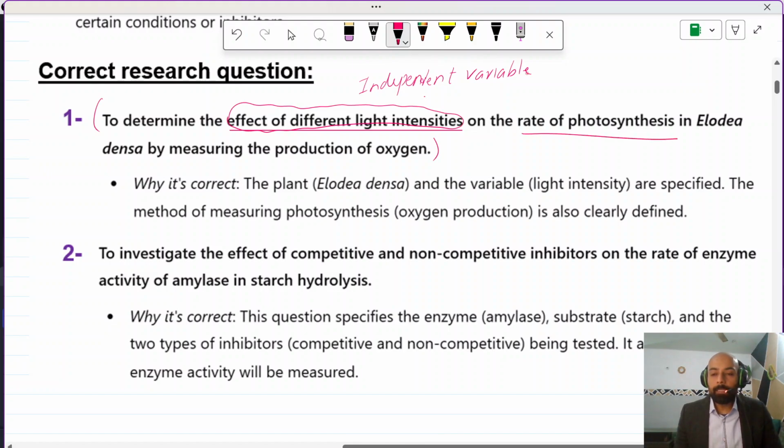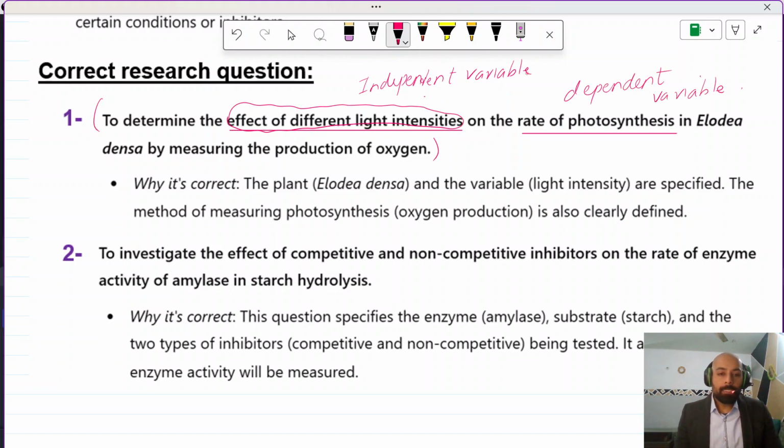He is measuring the rate of photosynthesis by changing this light intensity, so this is the dependent variable. He has also specified in this question that he is measuring the production of oxygen gas. The oxygen gas being produced is measured, so it is ultimately a correct research question.